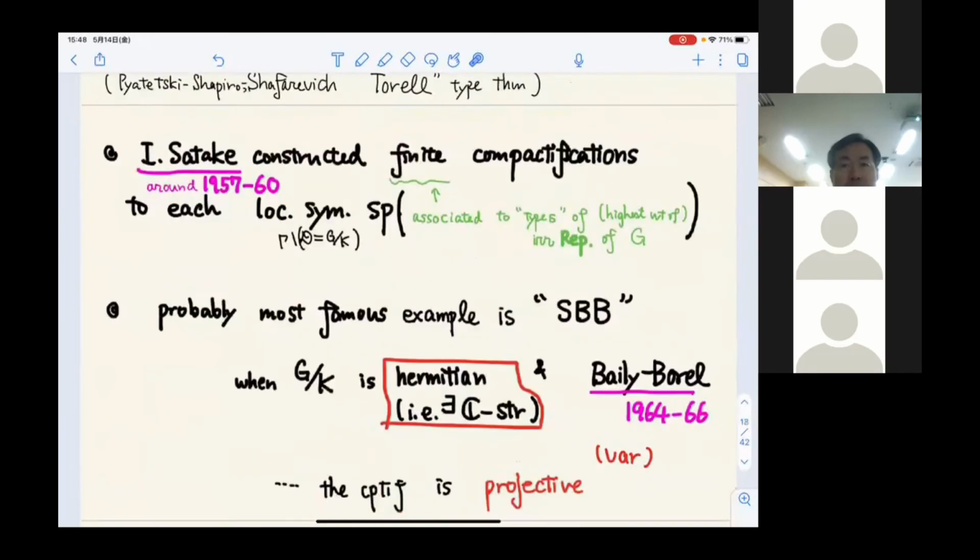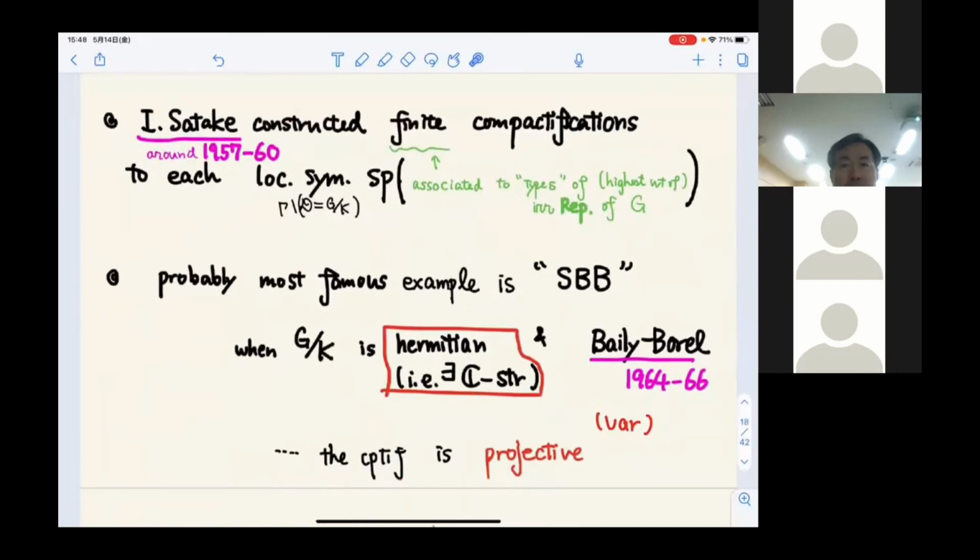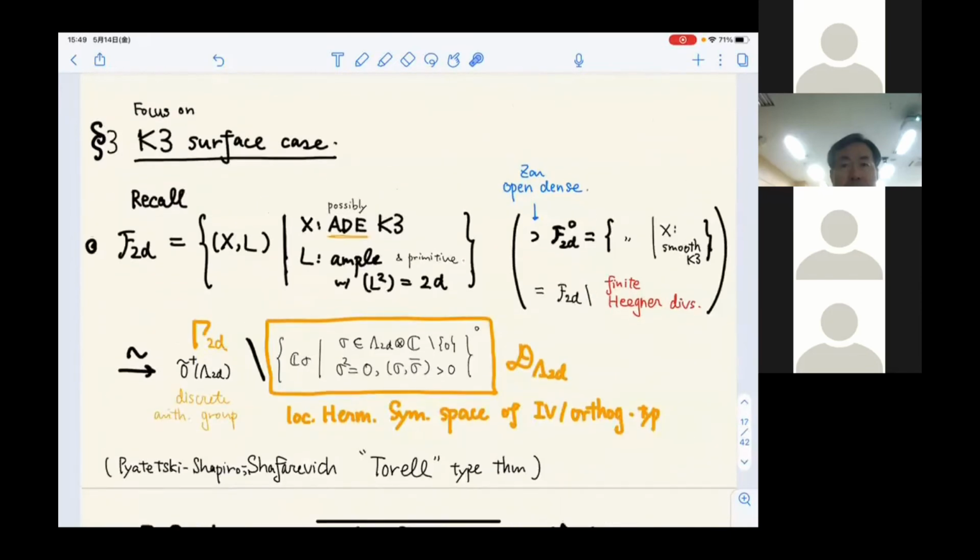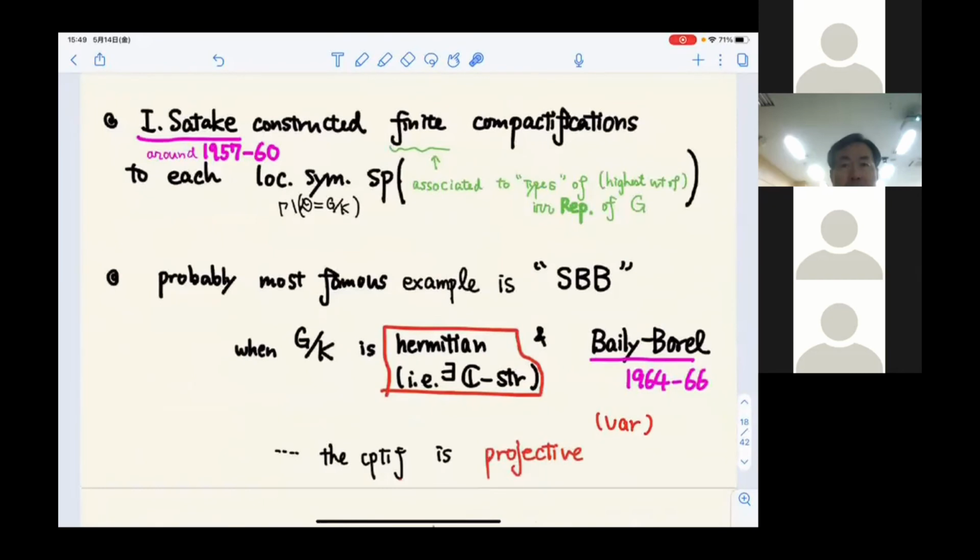His work is purely theoretic and representation theoretic, but to each representation of the group, which is an indefinite SO in this case, he considered a finite compactification, which depends on the representations. The famous one is called the Baily-Borel compactification.